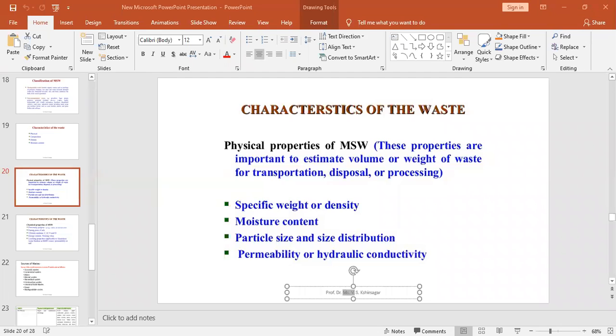If it is high permeability, then it will allow the fluid to flow maximum rapidly. And if there is low permeability, then less fluid will pass through that particular waste. So that way it is the hydraulic permeability.